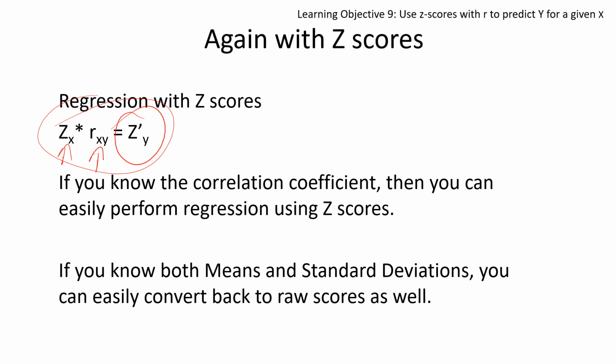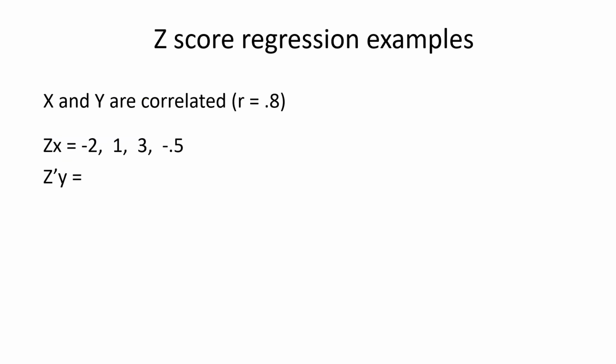Let's use an example of that. So an example is if we have an R of 0.8, we've got a z-score of -2. Well, again, going back, the z predicted y is equal to our zx times r.